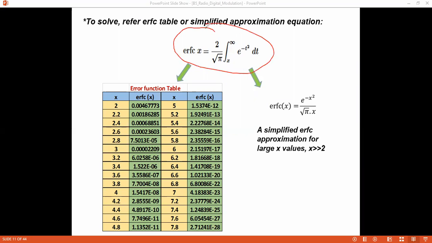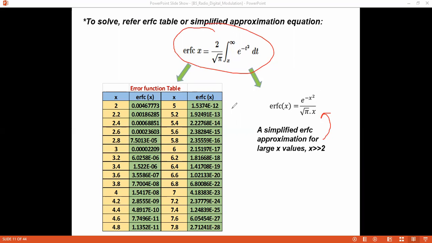For x much larger than 2, we can simplify the error function to exponential of minus x squared, divided by square root of pi times x.